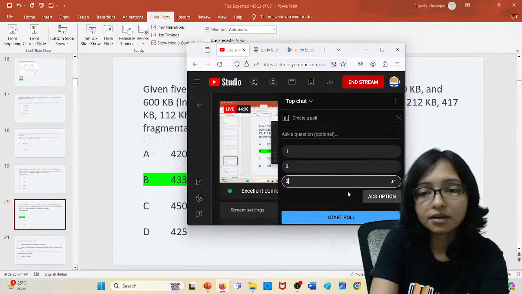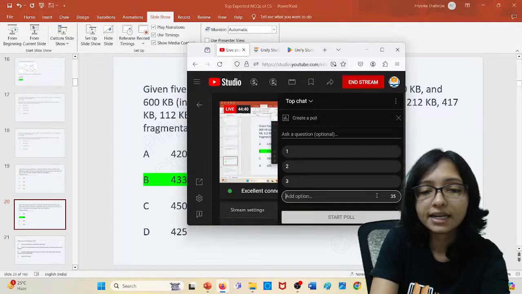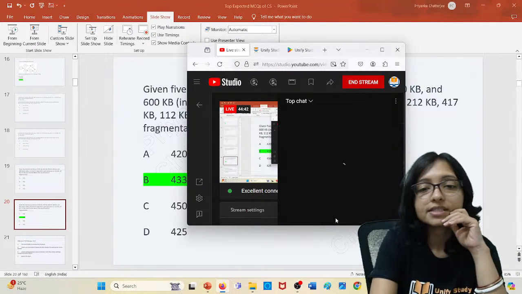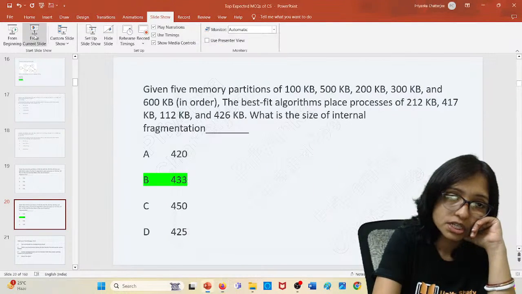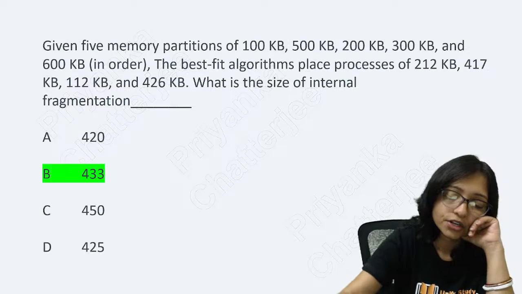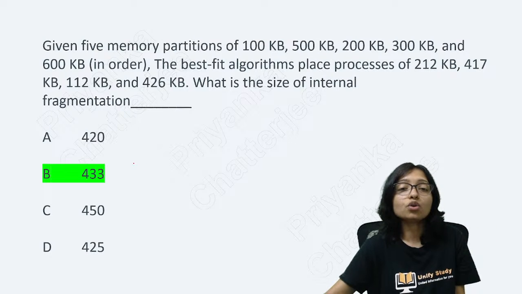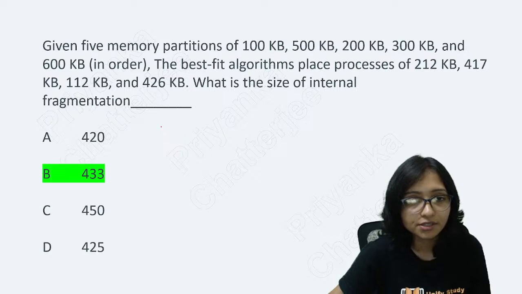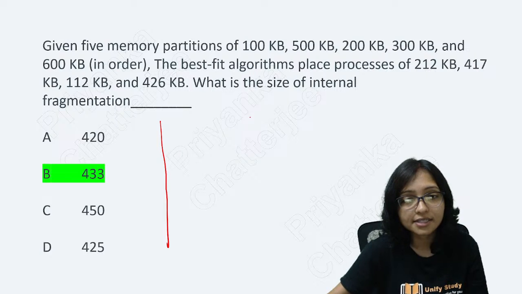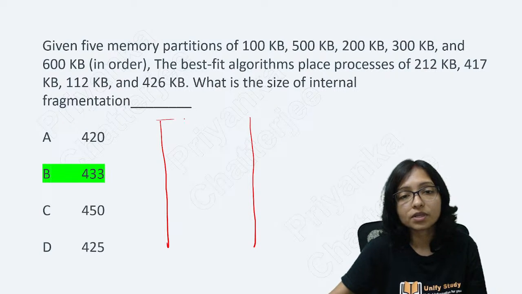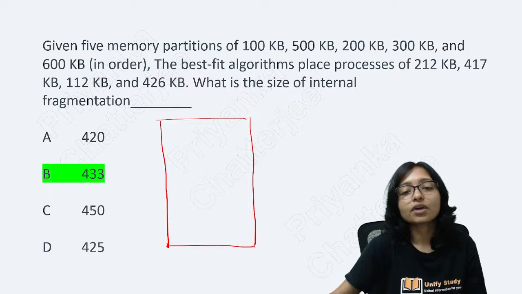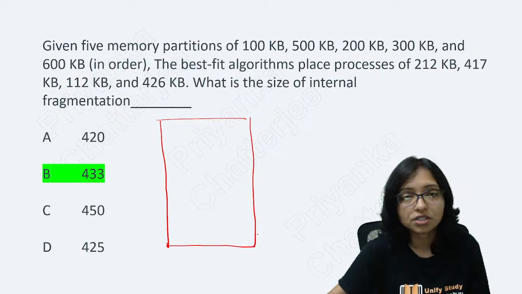You should not mark the poll before getting the next question. I will explain this question, then only I will show you the next question. Before that, nobody vote. Now explanation is going on, so please listen to me. Then when the next question starts, you can answer for the next question.